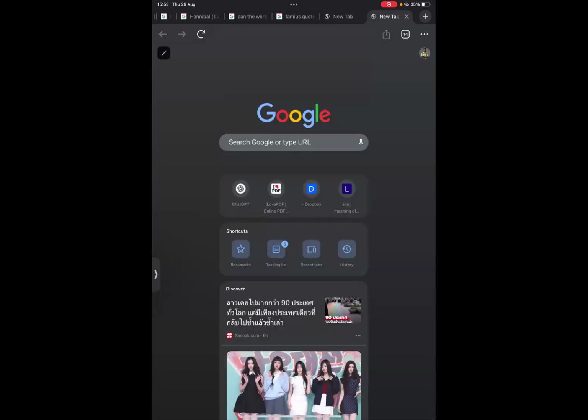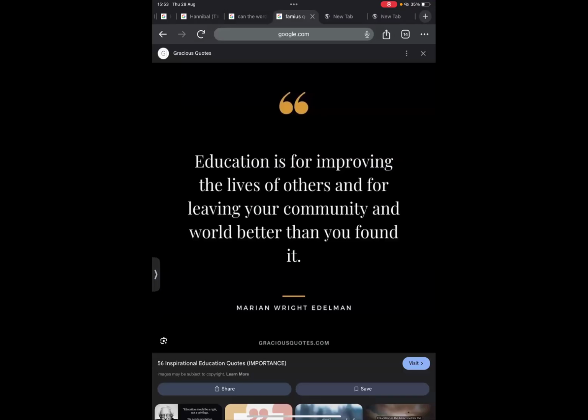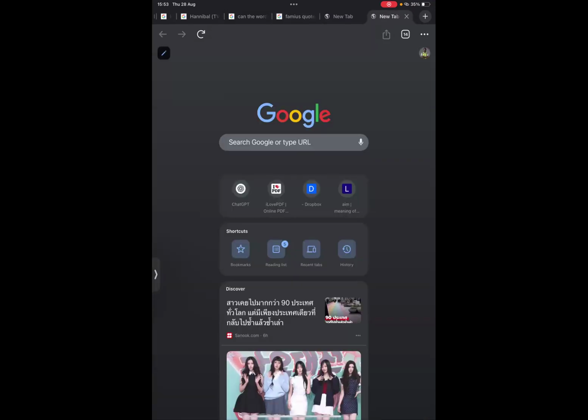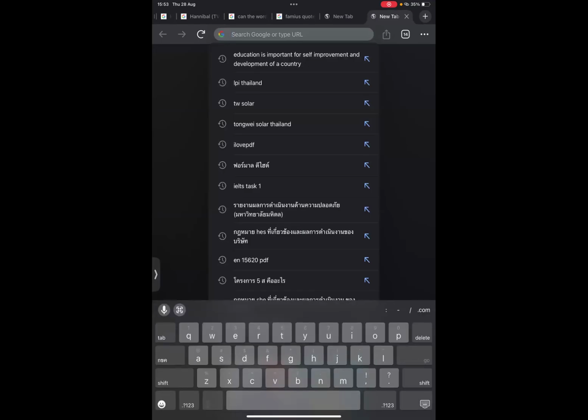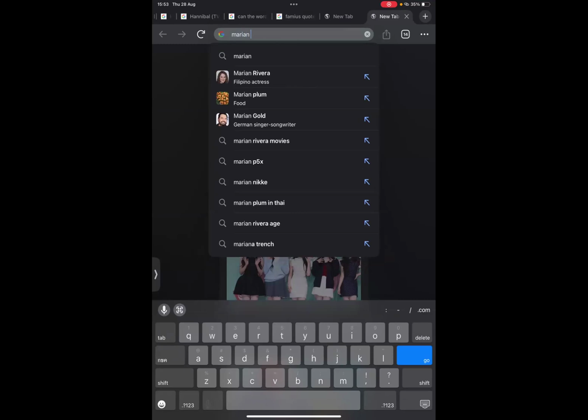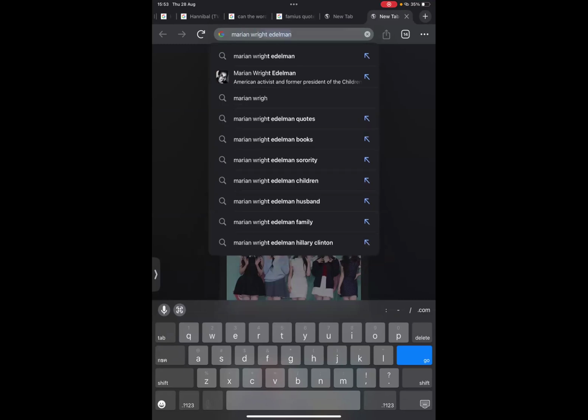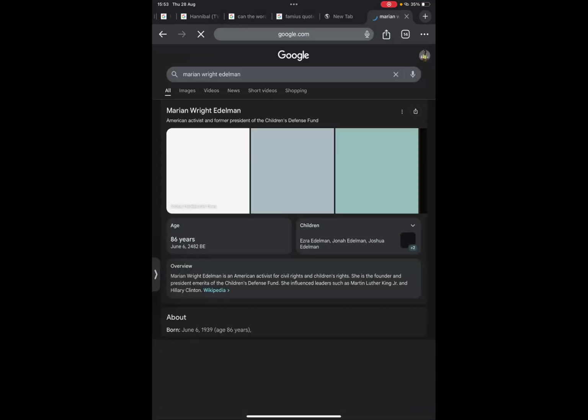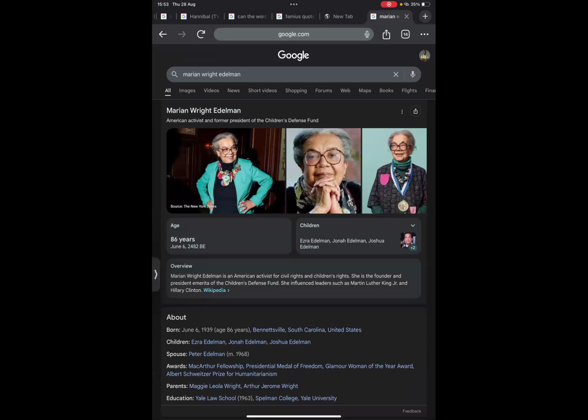Marian Wright Edelman. Okay, so who is she? She is an American activist and former president of the Children's Defense Fund.